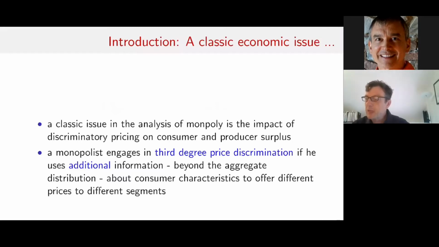Okay, so price discrimination is really a classic issue in the analysis of monopoly, and it basically asks to what extent a seller can use discriminatory pricing, and by that I mean simply pricing that can differ across segments of the markets, how it can affect consumer and producer surplus.